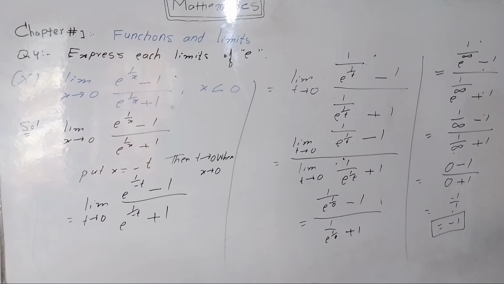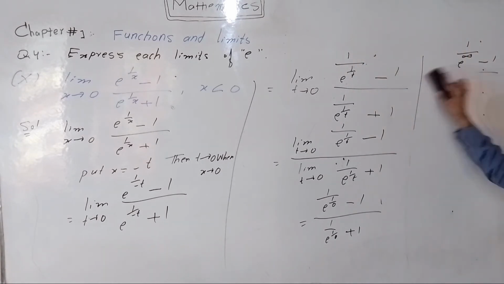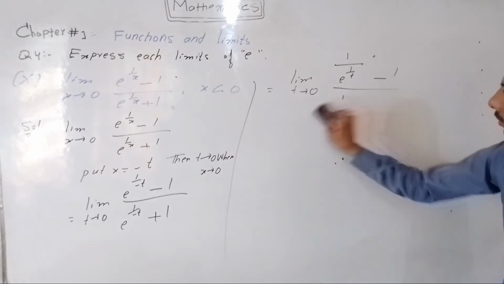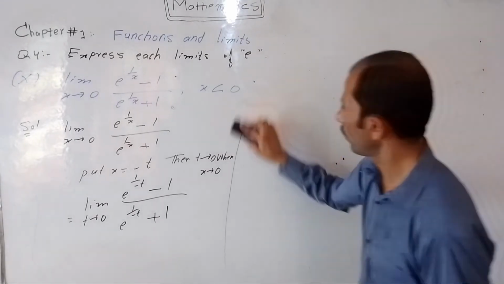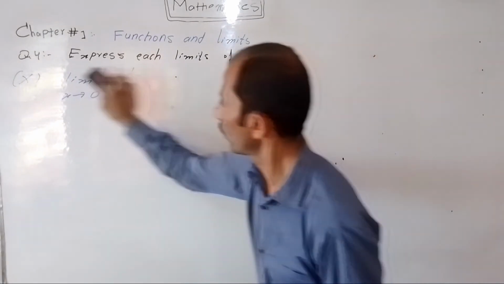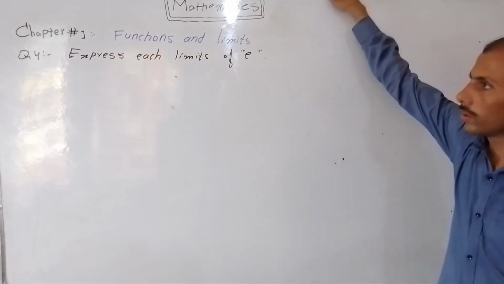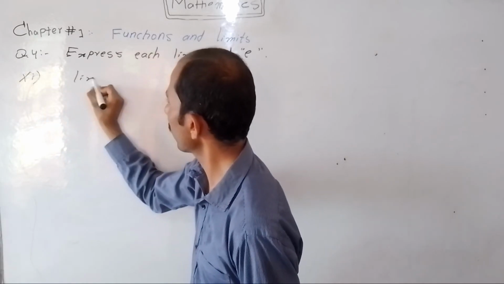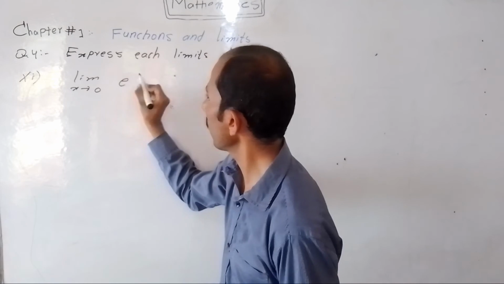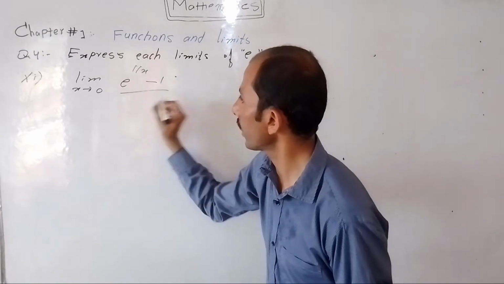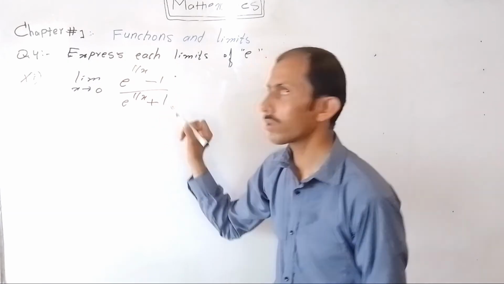Next part number 11. Part number 11. Limit x approaches to 0 of e power 1 divide x minus 1 divided by e power 1 divide x plus 1.